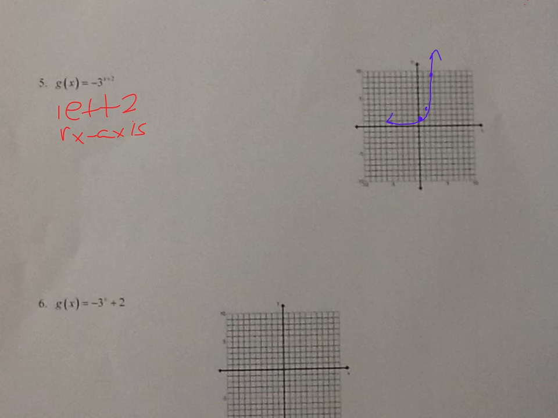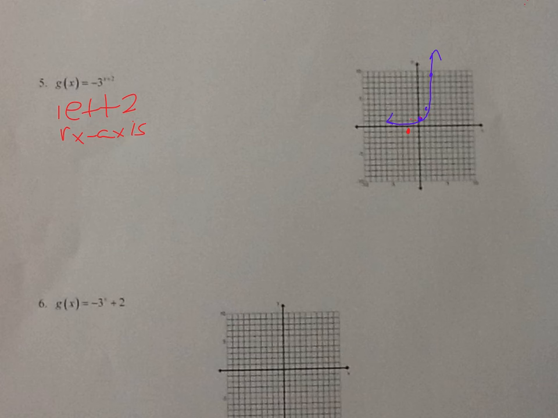So I'm going to start with this point here, and then I'll go to this point and then that point. I'm starting on (0, 1), to the left 2. And then flip over the x-axis is going to put me right here at the point (negative 2, negative 1).